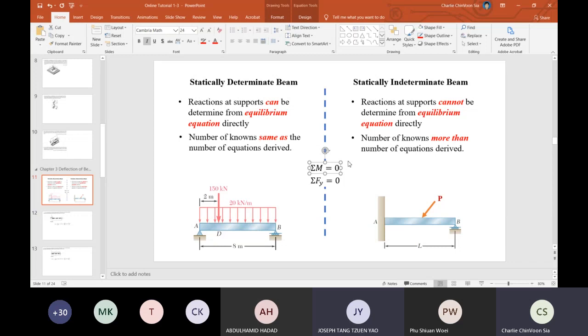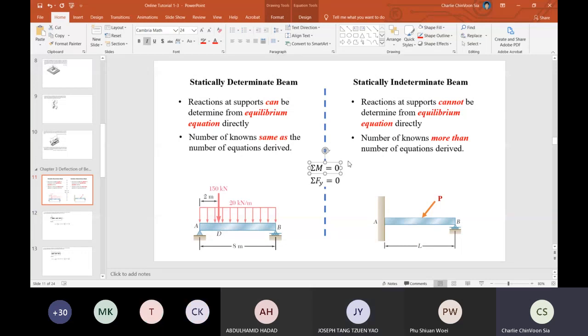One more thing you need to memorize: if you want to calculate the reactions on the beam, the sum of moment can only be applied once. Don't try to use different points to generate more equations. It won't give you the answer. For example, if you use sum of moment at A equals 0, just use that. No need to repeat with sum of moment at B equals 0.